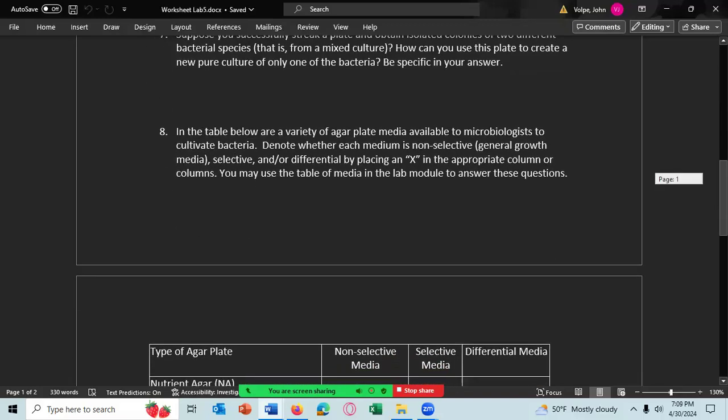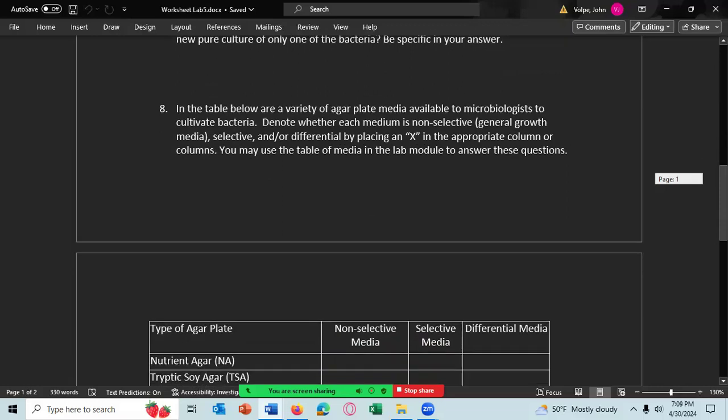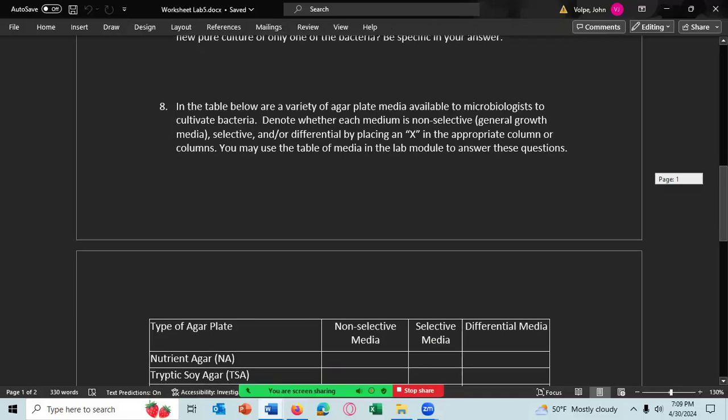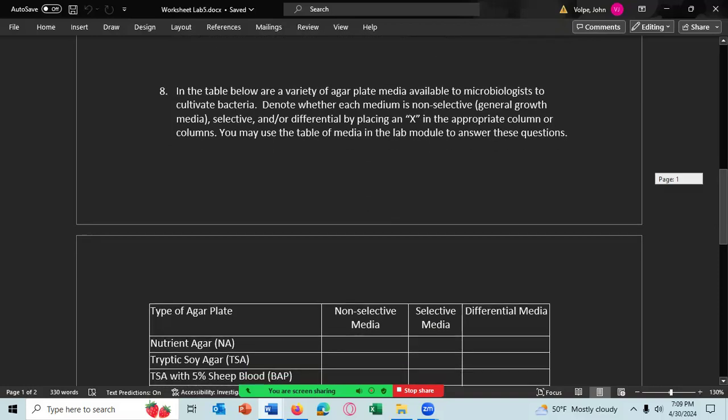8. In the table below are a variety of agar plate media available to microbiologists in order to cultivate bacteria. Denote whether each medium is non-selective, selective, or differential.